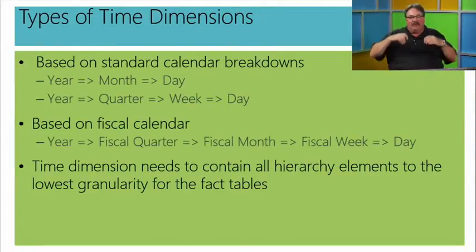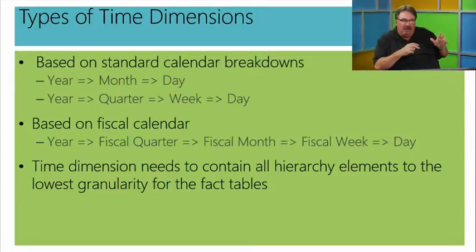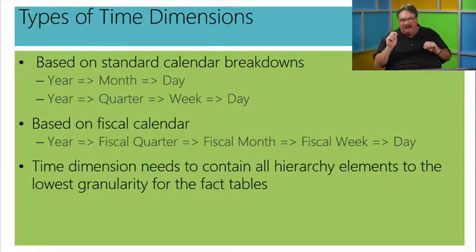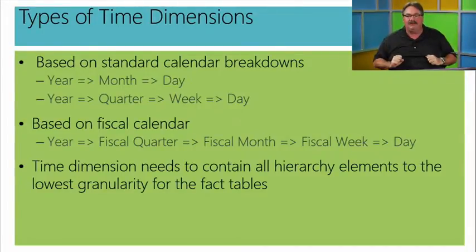We've got time dimensions, and I need to back up here. All right. Now, I need to back up a little bit here because I'm using the term dimension, and really and truly I should be using the term hierarchy. Got it. A dimension is a table that qualifies all of the descriptive attributes about your measures. A hierarchy establishes the relationships between those attributes.